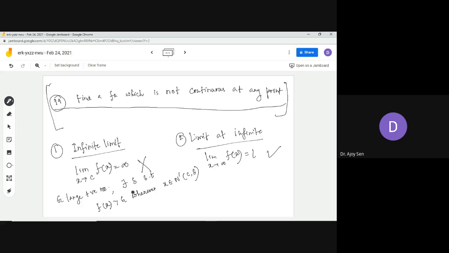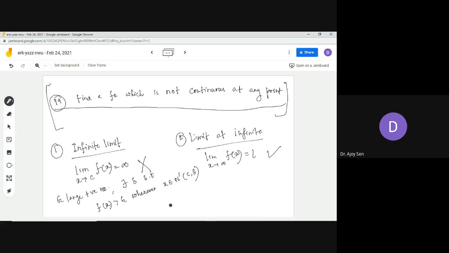That means the first thing you should do is fix a very large positive number, whatever you like, then you will be able to find a delta such that the value of the function f is greater than g. Greater than g means the large number which you have assumed, the value of the function is greater than g whenever x lies in this region.